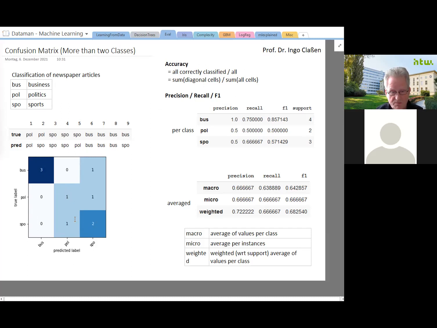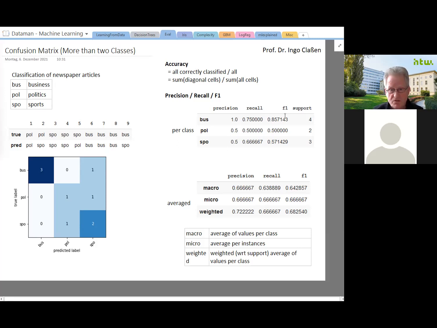And these were predicted as sports and were sports. So if I add everything in the diagonal, I get those that have been predicted correctly. That were here 6, and overall I have 9. So I have 6 by 9 accuracy, so 66% accuracy here.